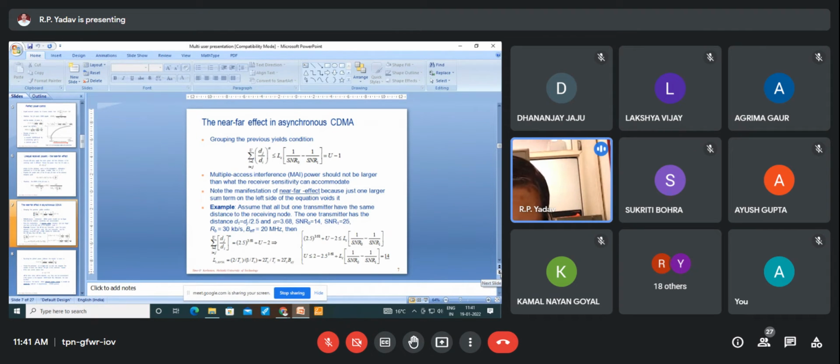Near far means essentially, I think the simplest thing you can visualize is any subscriber in a CDMA system, if it is located very near to the base station, and if it's transmitting the same power that a subscriber is transmitting from a distance away, then obviously this will create more interference for the distant user. So we are doing this calculation only to see how many users can be handled.